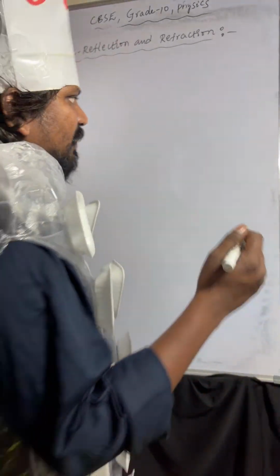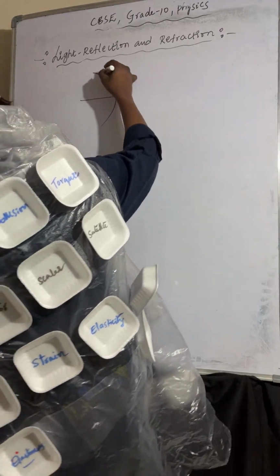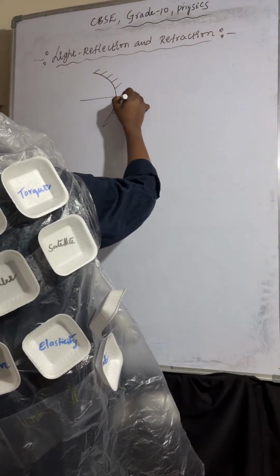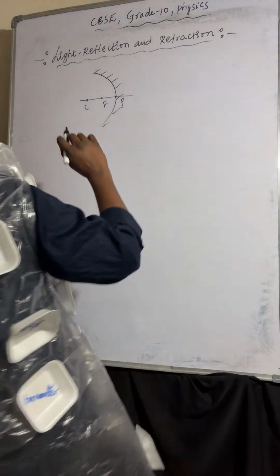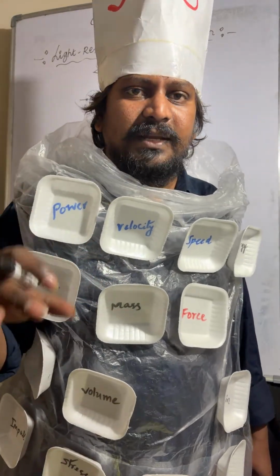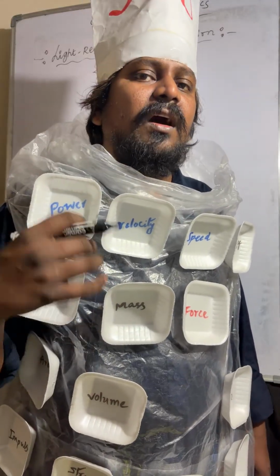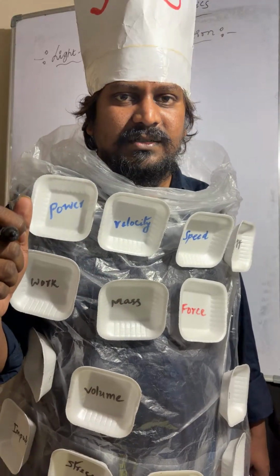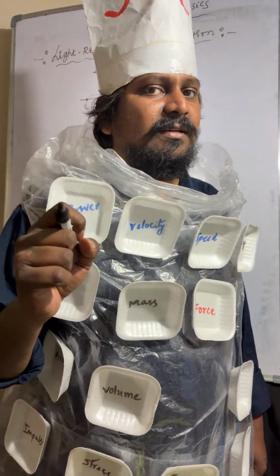So I'm taking the concave mirror. Every time you draw the concave mirror, you must represent these points. It is compulsory to place them and label them. Those are pole, focus, center of curvature.